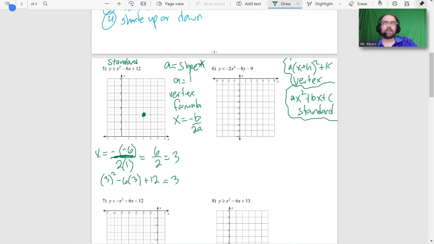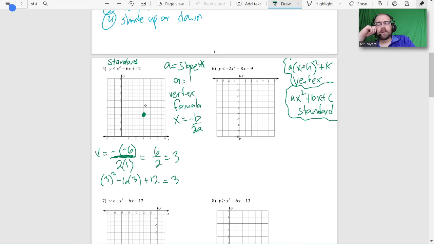I guess you could just find it by guess and check, and guess and check makes a lot of sense here, because notice the graphs are all different. They're trying to help you out a little bit. They're hinting at it. Anyways, so the vertex is at 3, 3.